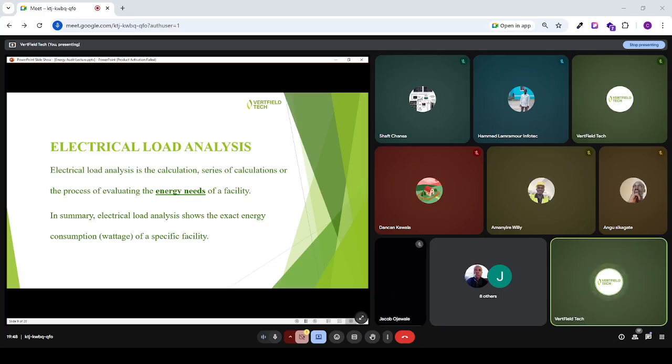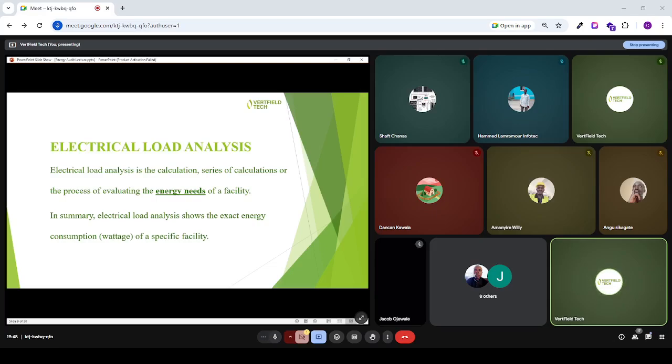Electrical load analysis is a series of calculations or processes of evaluating the energy needs of a facility. Remember when we introduced energy audit, we told you categorically that it helps you take care of two things. On one hand, your energy needs. On the other hand, it helps you size your various solar components.